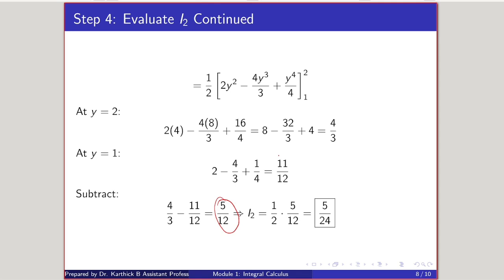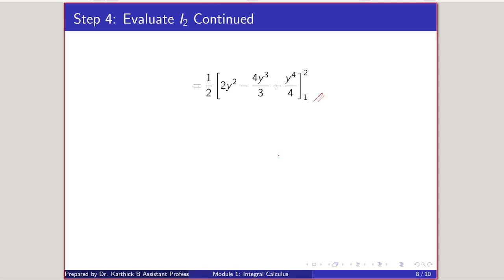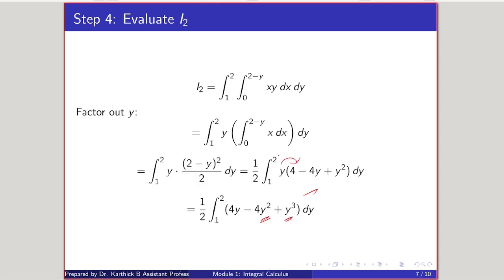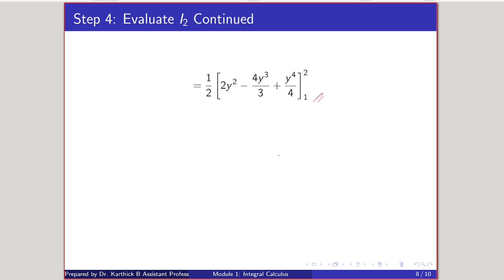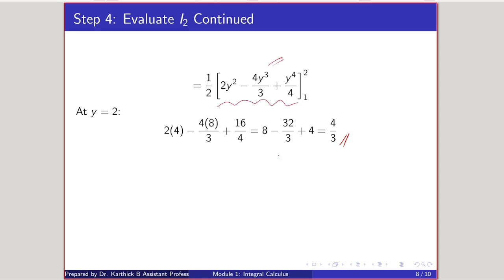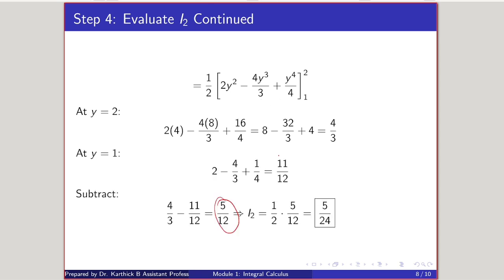Therefore, this integral part, without multiplying by 1 by 2, we get as 5 by 12. If I substitute this 5 by 12 in this place, it will be multiplied with 1 by 2.